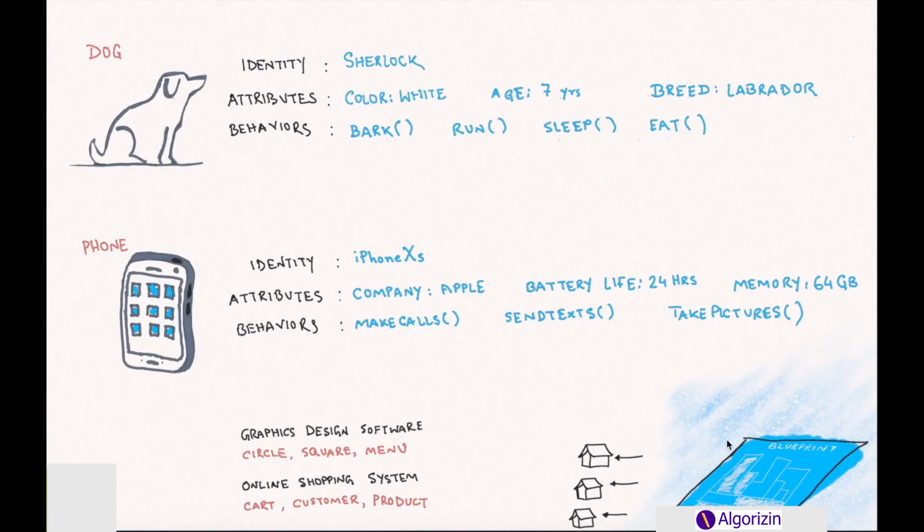Now, this blueprint in our example would then actually be a class. This blueprint can be thought of as a class. And ultimately, the houses that you make can be thought of as different objects. So the houses would be the different objects.